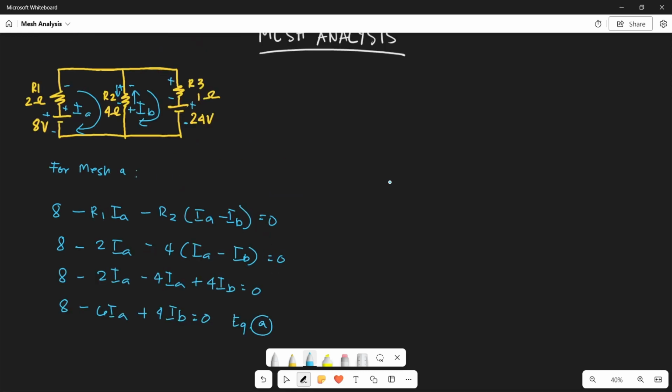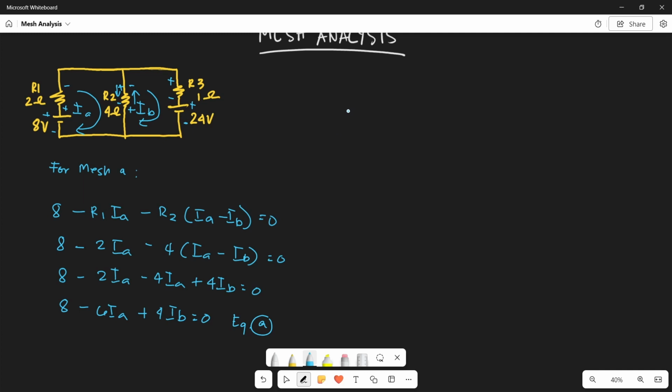And then we're going to do the same for this loop IB. So we're going to write the KVL equation for the loop B. So negative 24 because the current direction is from positive to negative.